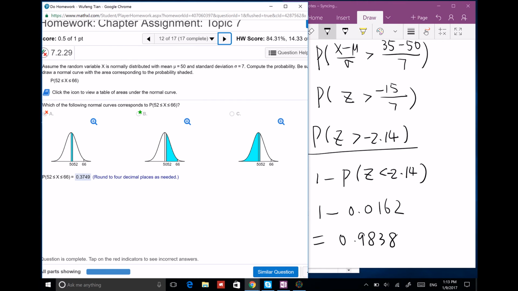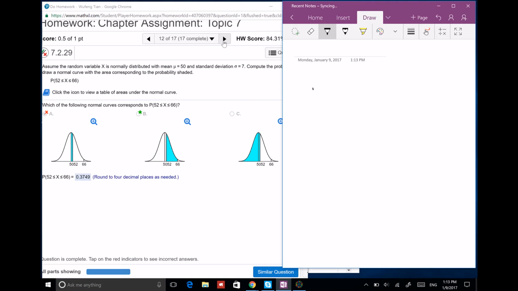This is pretty much the same idea. What you need to do is use the formula z equals x minus mu over sigma. So it's the probability of x between 52 and 66.